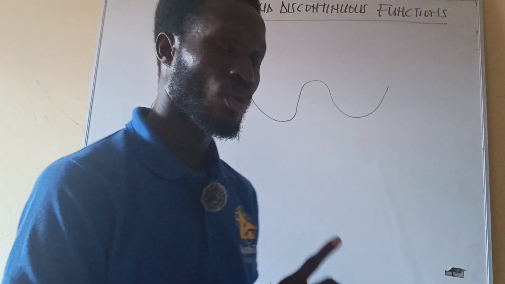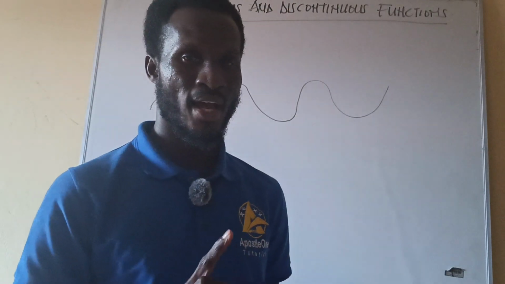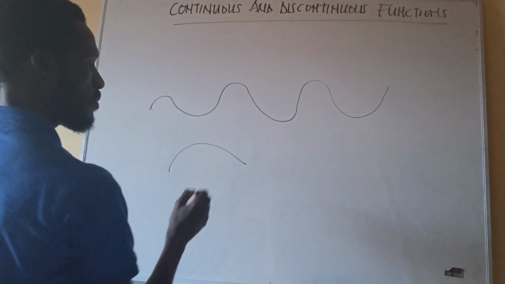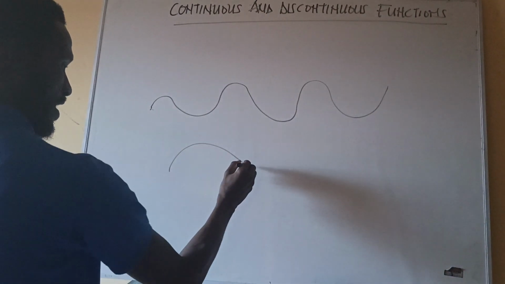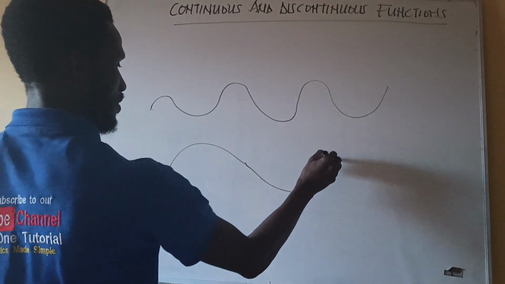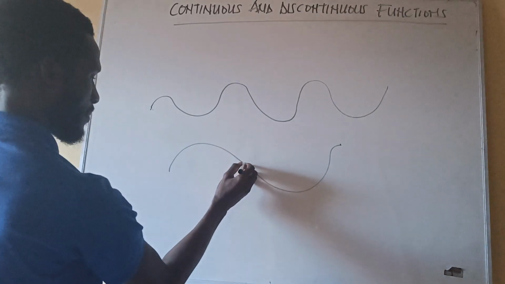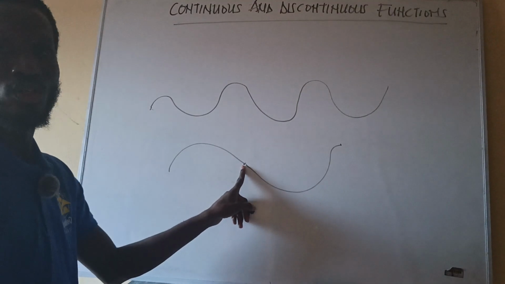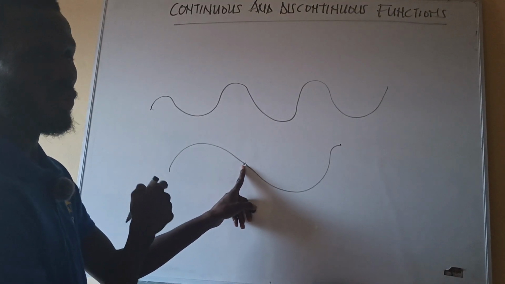So the curve of that particular function can be drawn without lifting your marker. The moment you are drawing this one, then you stop here before you continue. Now, what is going to happen here? This one has created an indication that there was a break at this particular point.